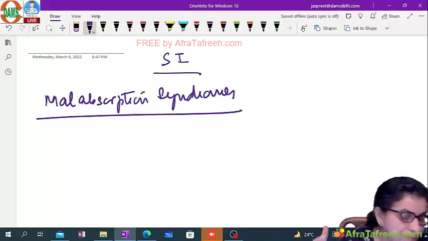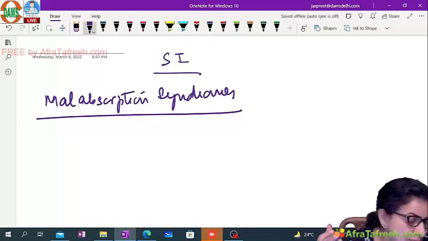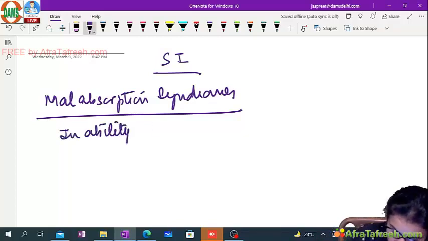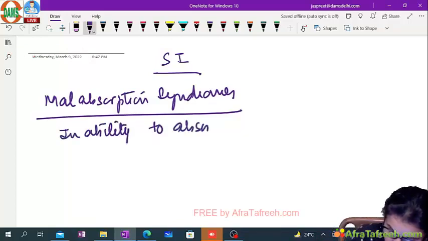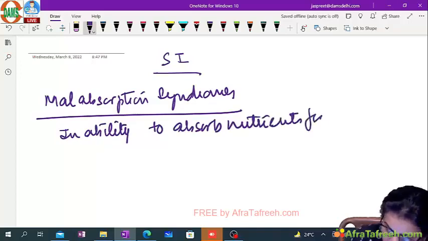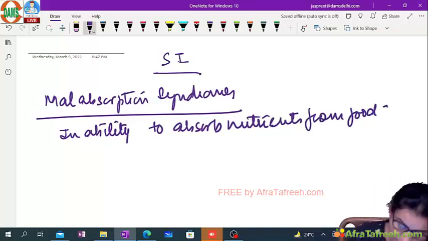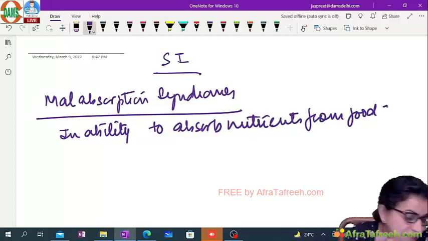Basically, it is the inability to absorb nutrients from food. Whatever food we have eaten, we are unable to absorb nutrients from it, and that is called malabsorption.